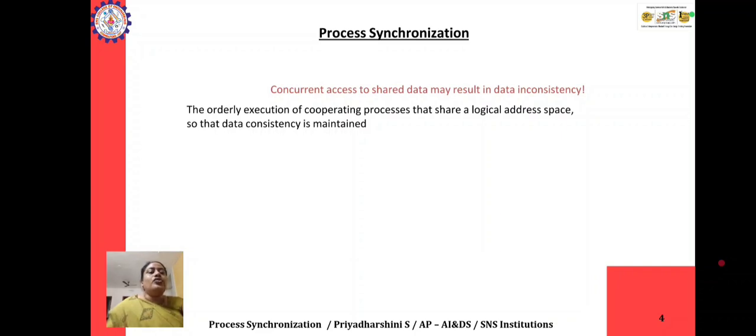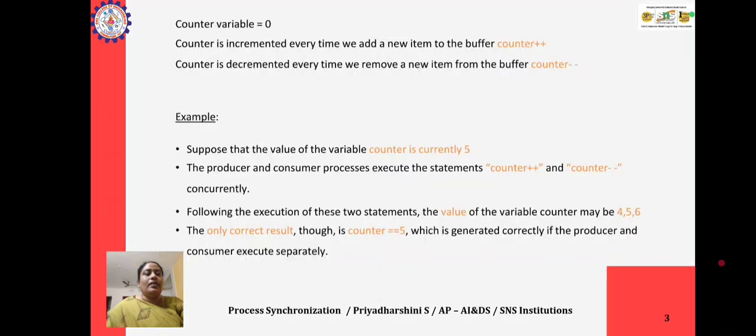There you should bring in process synchronization. So how do we bring it? For cooperating processes that share a logical address space, data consistency is maintained by having orderly execution of the cooperating processes which try to access the same shared data simultaneously or concurrently.